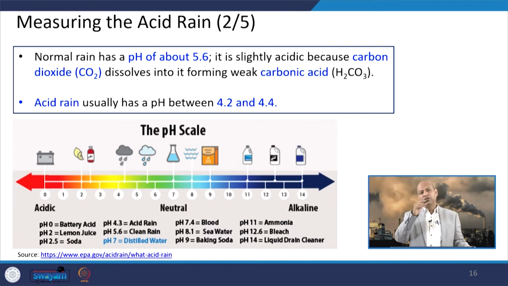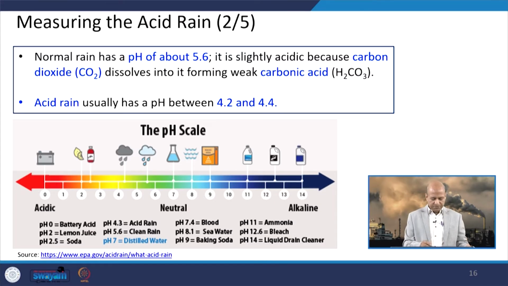So, up to 5.6 you can't say that this is acid rain, this is natural rain. But if the pH is less than 5, then you should be alert that there may be some sources of acidic gaseous components which have reduced the pH of the rainwater, and that is because of the presence of sulfur dioxide, NOx, etc.